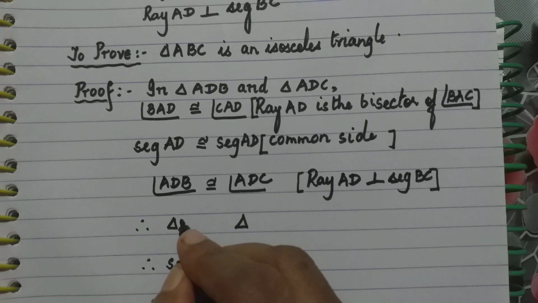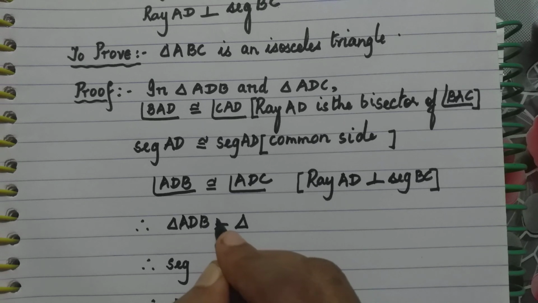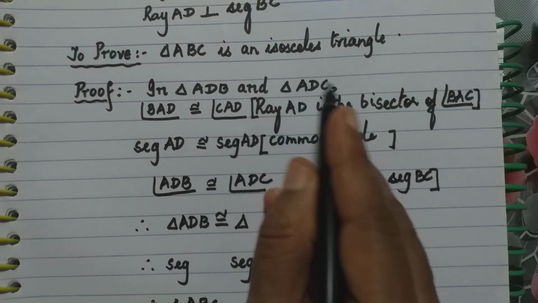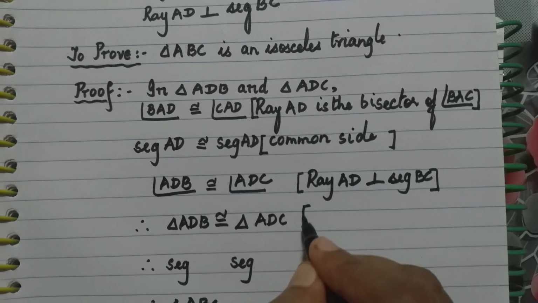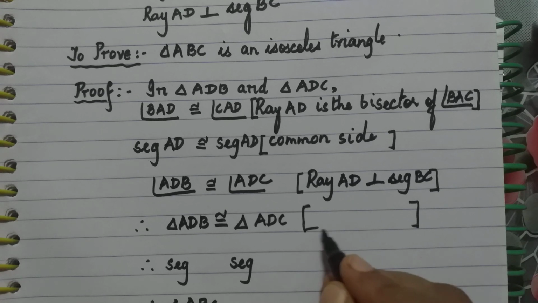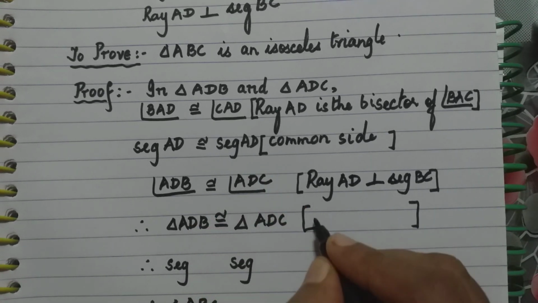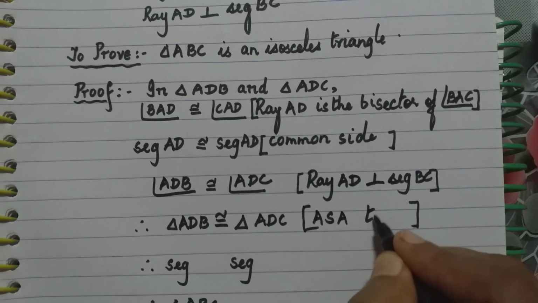Therefore, triangle ADB is congruent to triangle ADC. By which test will they be congruent? Here angle, side, angle. Therefore by the ASA test.